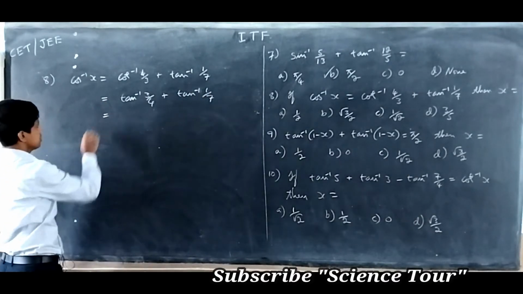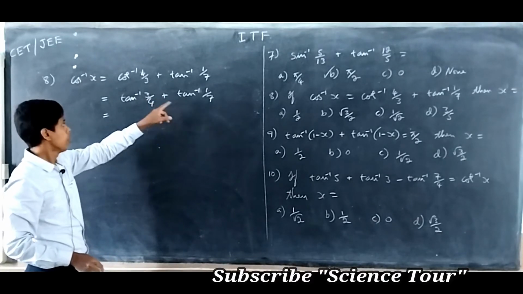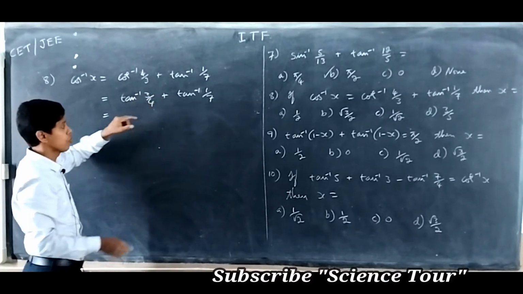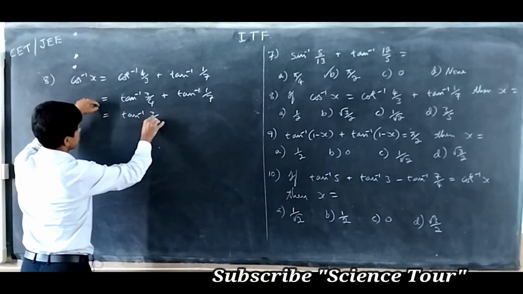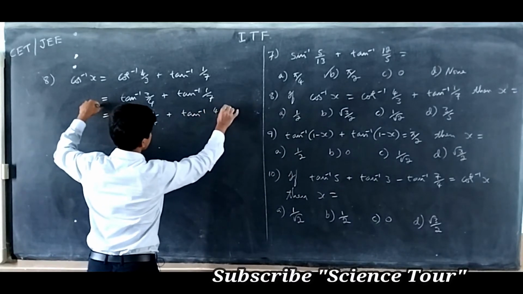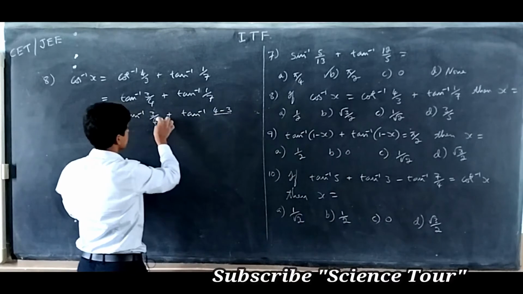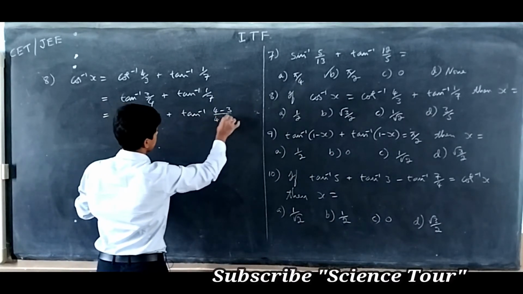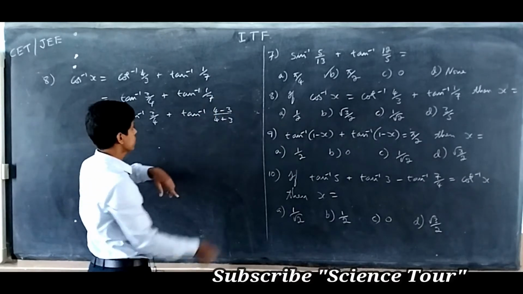Well, that is equal to tan inverse x plus tan inverse y. Now you have 3 by 4. Now this is comparable to tan inverse m by n plus tan inverse n minus m divided by n plus m. Is it correct? 4 minus 3 is 1 and 4 plus 3 is 7.